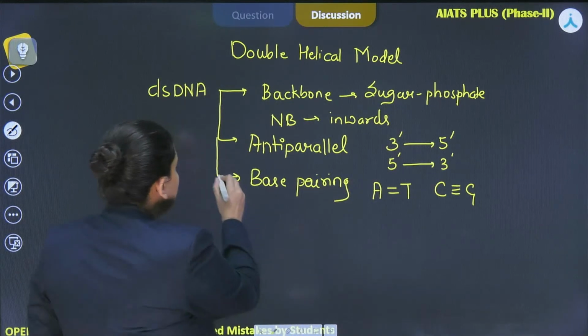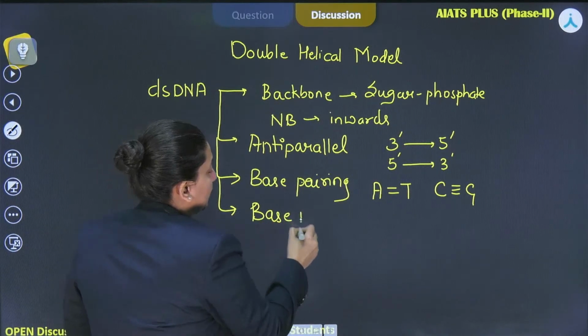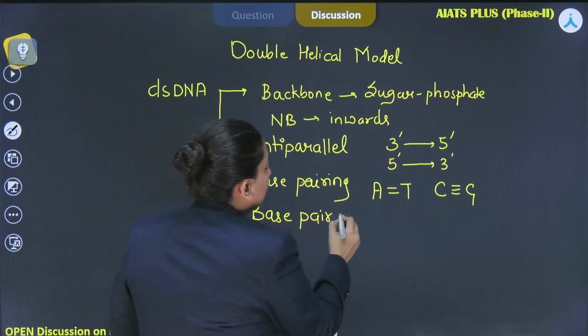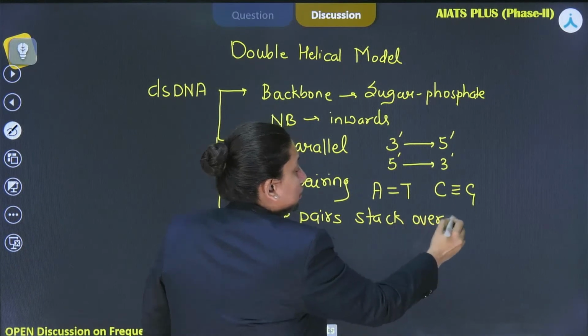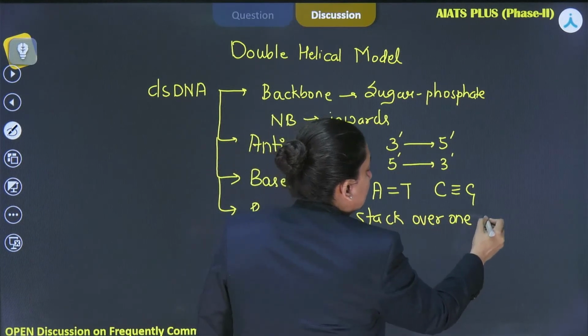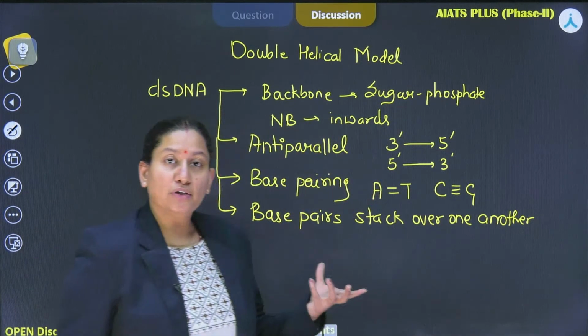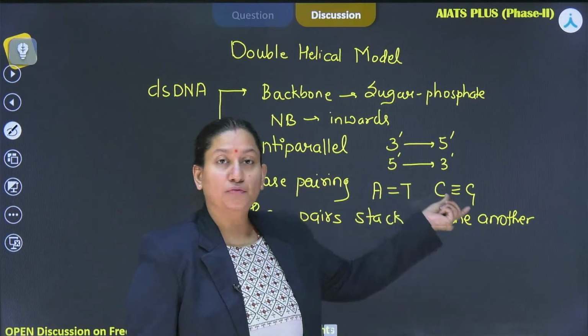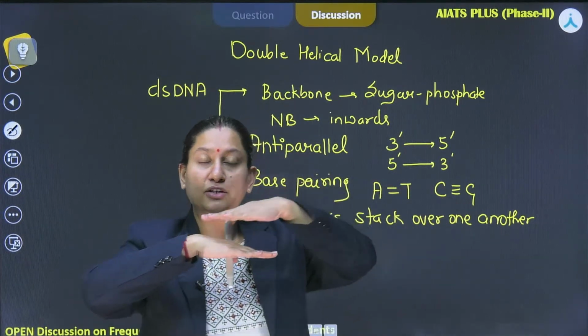They also said that the base pairs stack over one another, right? So these propositions, like the presence of the hydrogen bond and this stacking, if this is one base pair, another one is going to stack over it.